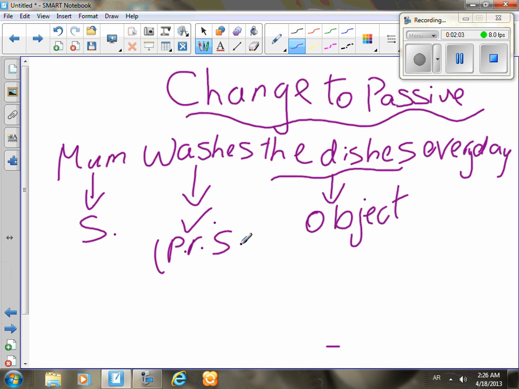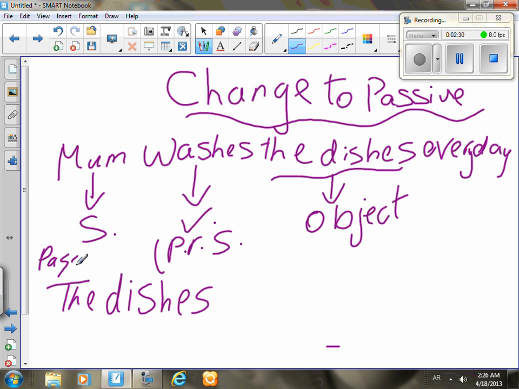First, divide your sentence into subject, verb, and object, and then decide which tense you are dealing with. Then, what are you going to do? You are going to move the object, the dishes. You are going to start with the object in the passive sentence.